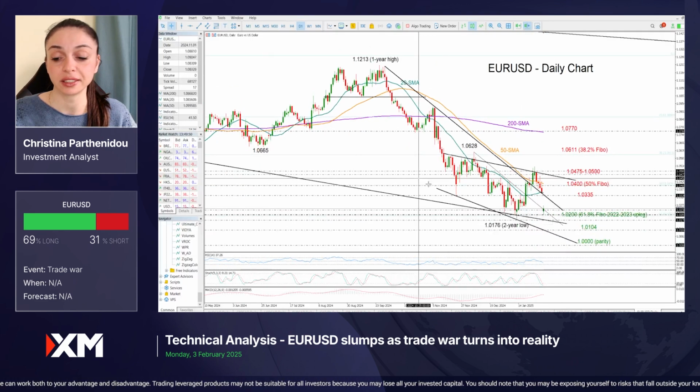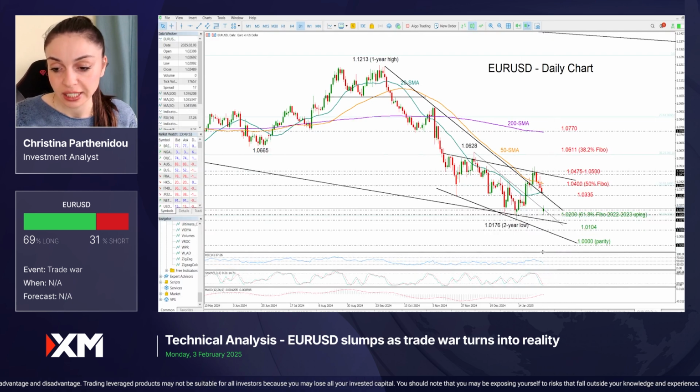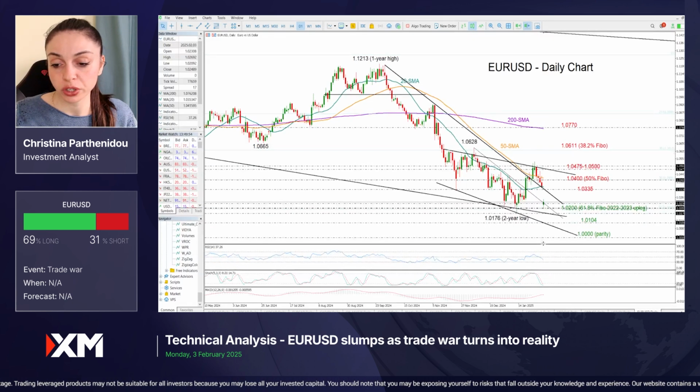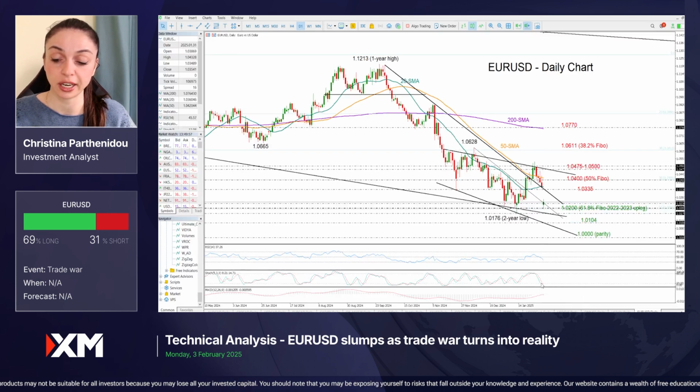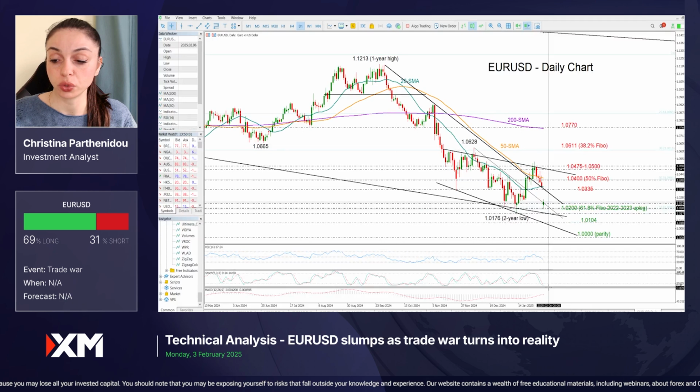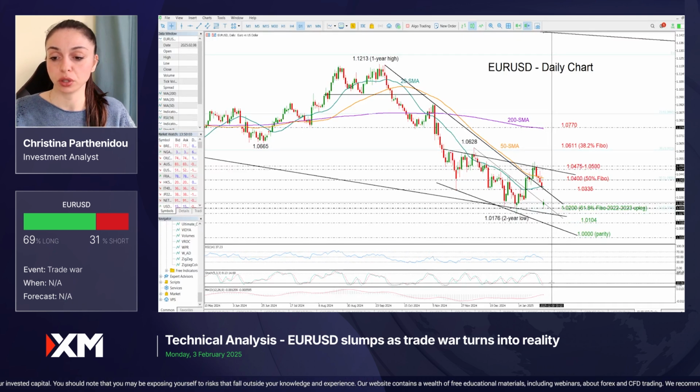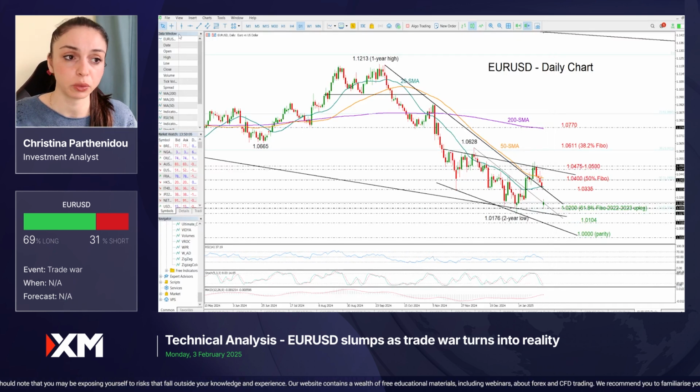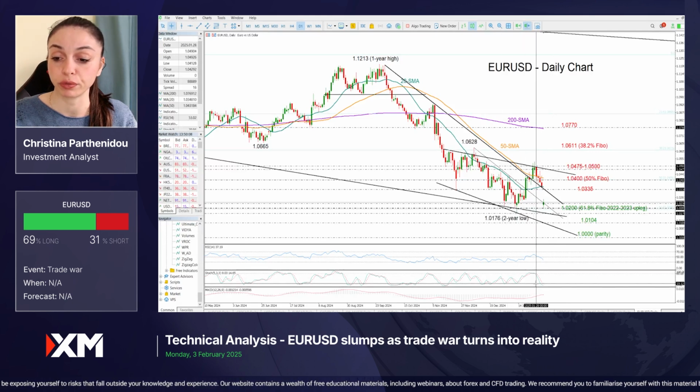However, if we look at the technical indicators, you can see that the RSI is still sloping downwards. Likewise, the stochastic oscillator is falling lower, and although it's very close to its 20 oversold mark, oversold conditions have yet to be confirmed.